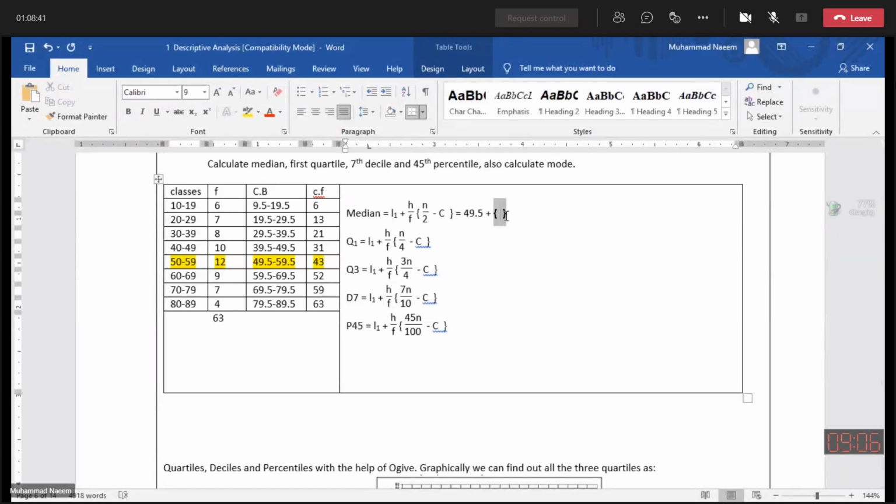In all these cases, the class width is 10 and it is uniform. And what is the value of F? F is the frequency of this highlighted class, which is 12.